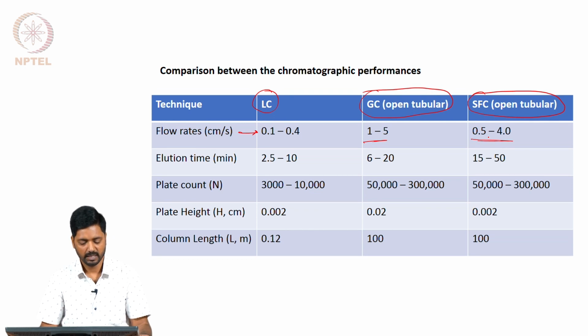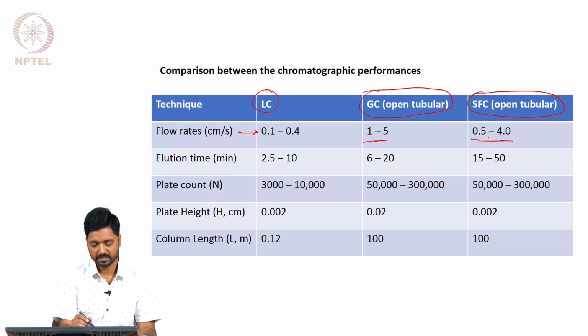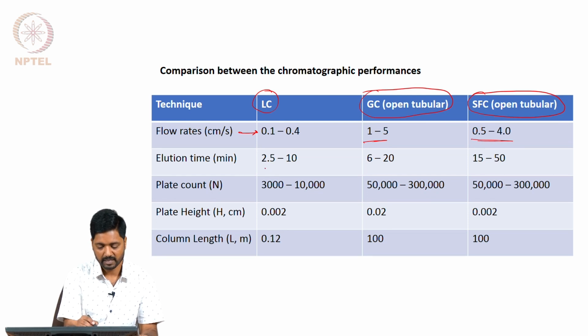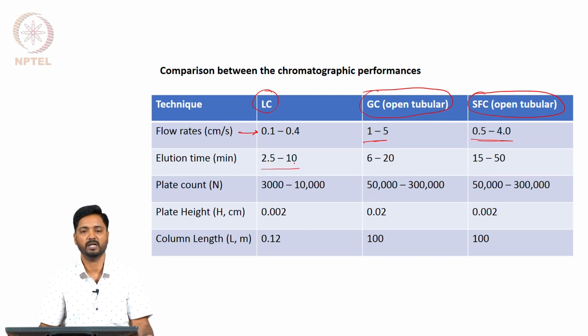As a result, the elution times of analytes are also different. In case of liquid chromatography, the chromatography can be completed in the range of 2 to 10 minutes. The gas chromatography, because the column length is really long, takes much longer time, and the supercritical fluid chromatography, being operated with the same open tubular column, will require still longer time, because now we are dealing with a material which is more dense and has a higher viscosity compared to gases.